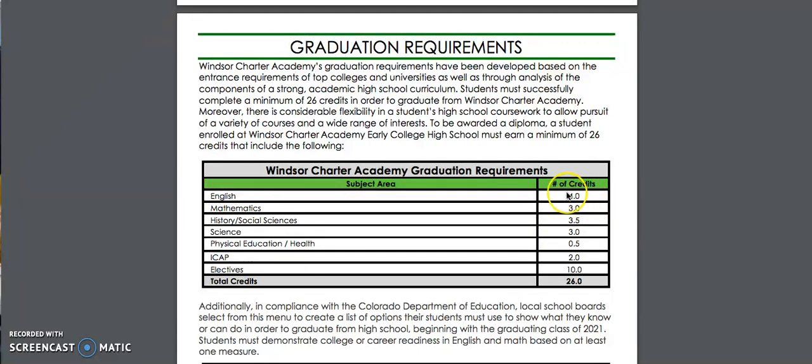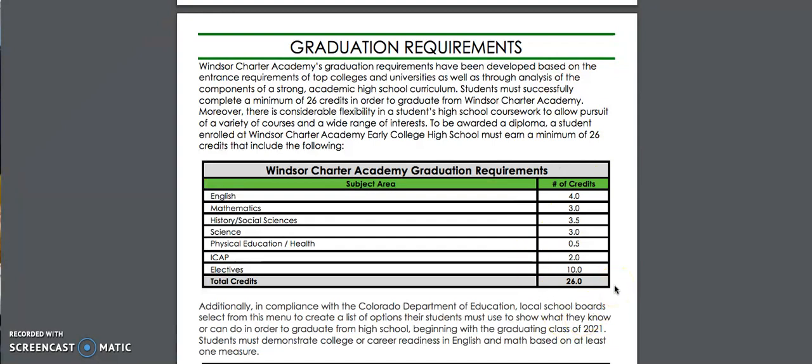So that basically translates into taking English all 4 years of high school. Math, you need 3. History, 3.5. Science, 3. PE, 0.5, which translates into half a year. ICAP, you'll take an ICAP class every year, so a semester-long ICAP every year, which winds up equaling 2 credits, and then 10 electives, all adding up to 26.